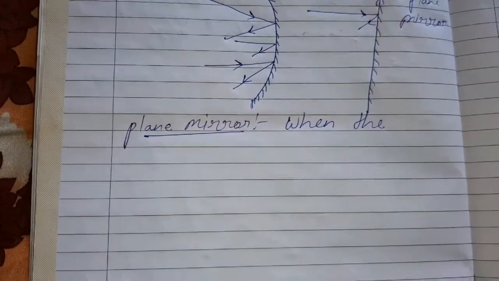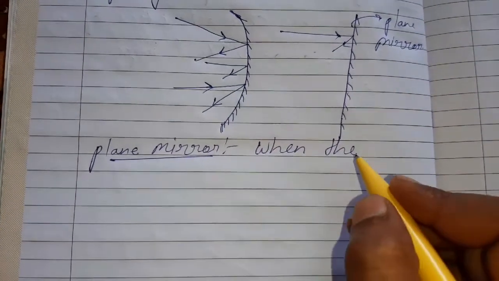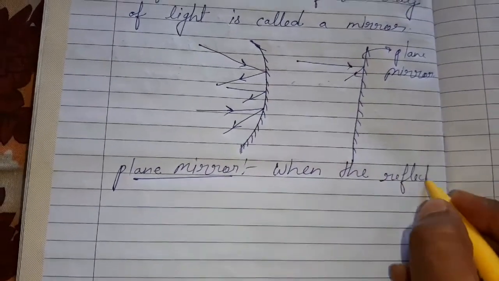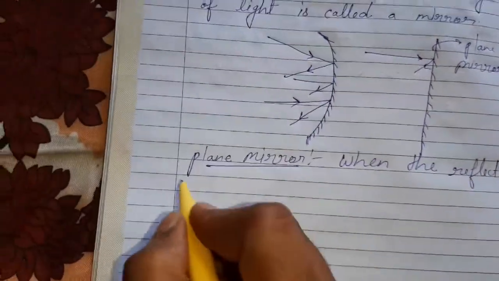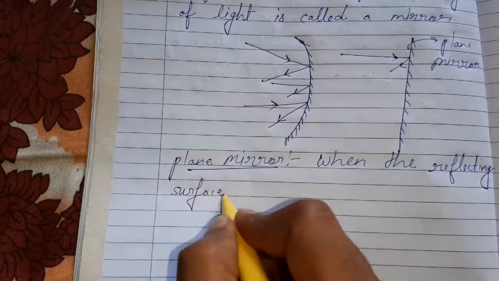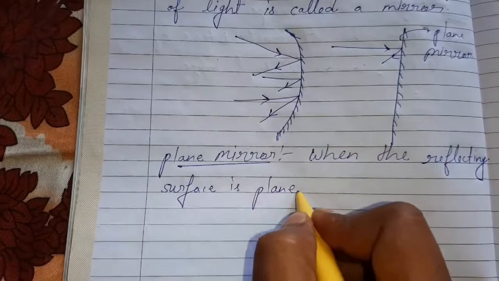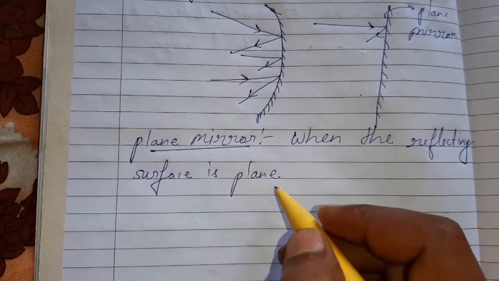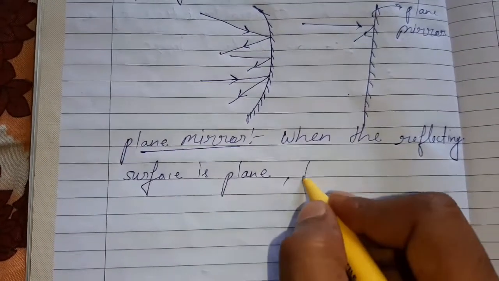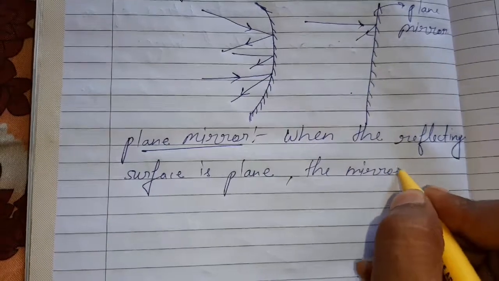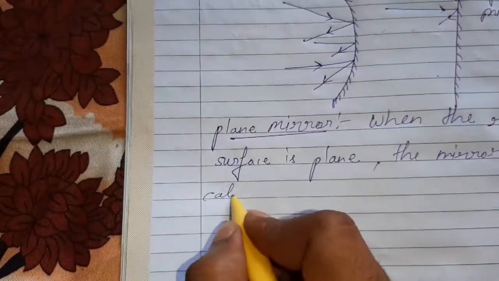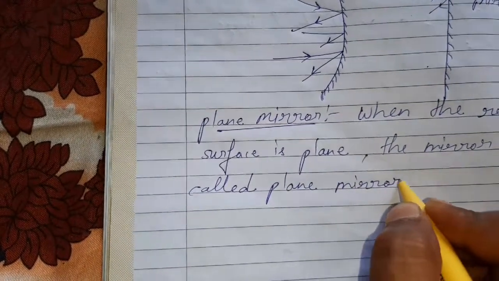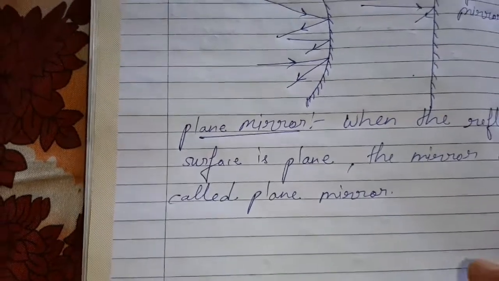When the reflecting surface is plane, the mirror is called a plane mirror.